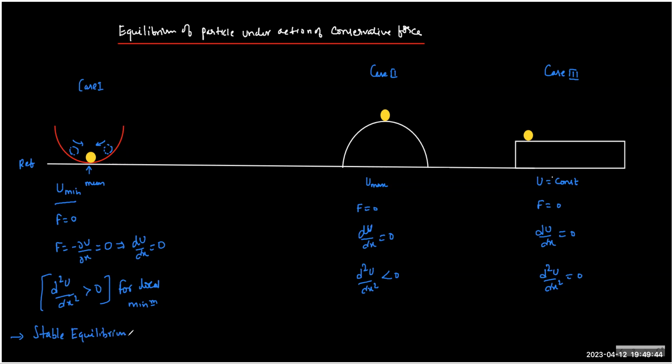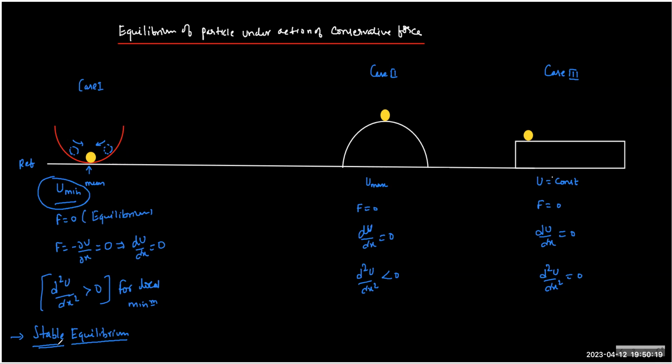What is the important point of stable equilibrium? The word equilibrium means net force is zero, which we have proved here. So what defines the stability? Stability is defined in terms of potential energy. You can see that the potential is attaining the lowest value.